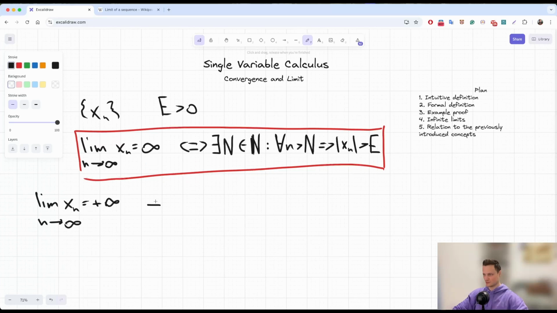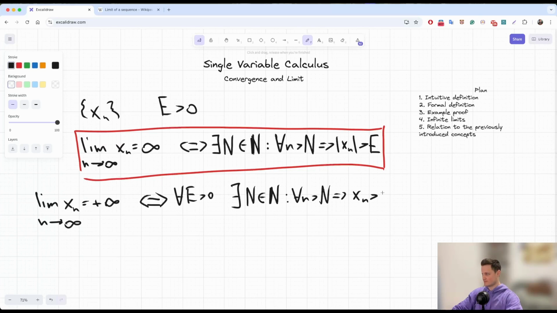Or in other words, for any positive E, there is an N from natural numbers such that for every index after that, the value of x sub n is more than E. So the only difference with that is that we don't use the absolute value. The absolute value was required to define the infinitely large sequence, while if we want to say that the sequence tends to infinity or its limit is infinity, we can define it from this.